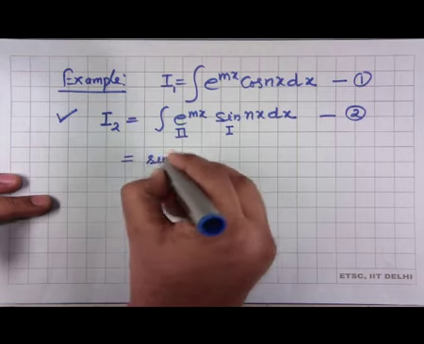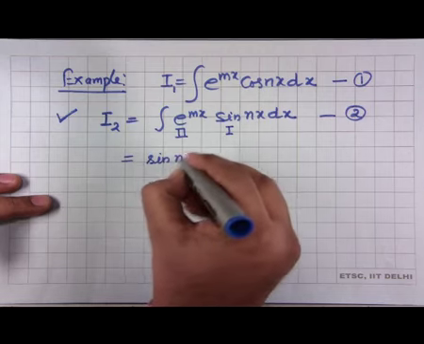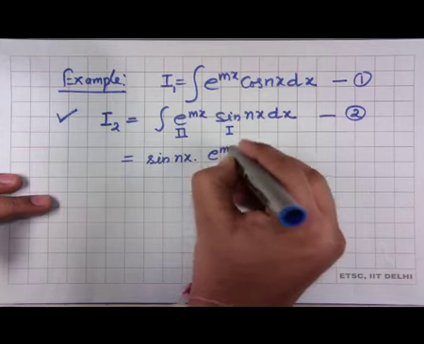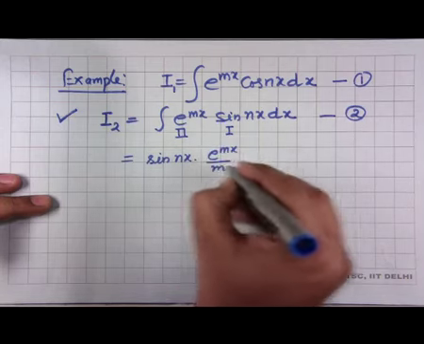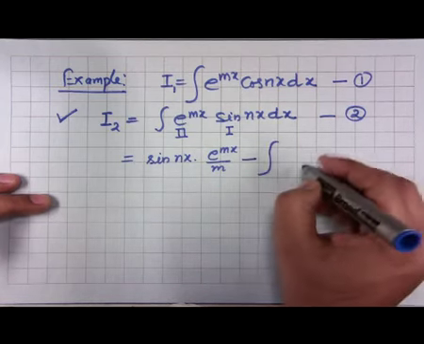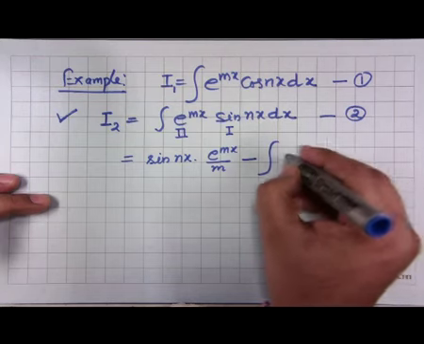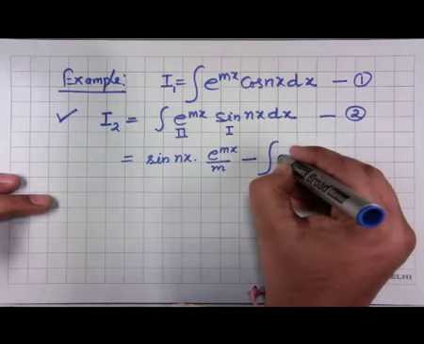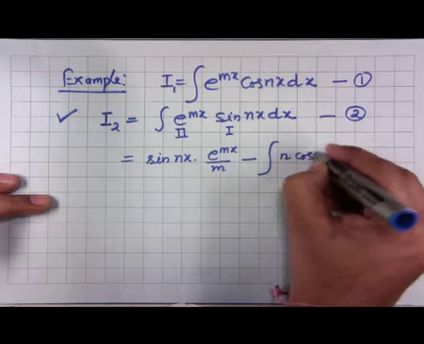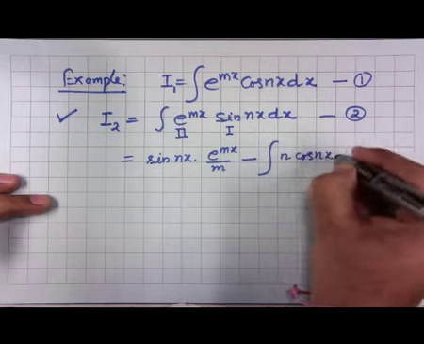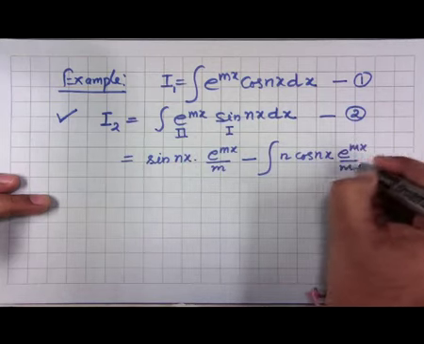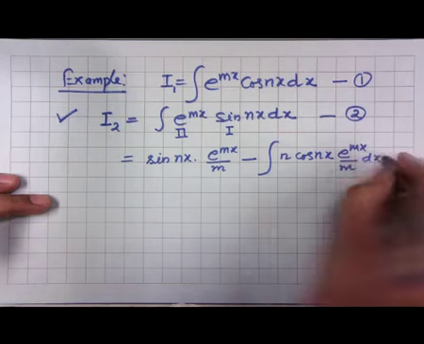So, the integral will give me sin nx e raised to power mx divided by m, minus integration of the differentiation of the first, so it is n cos nx, times e raised to power mx by m, the integration of the second, dx.